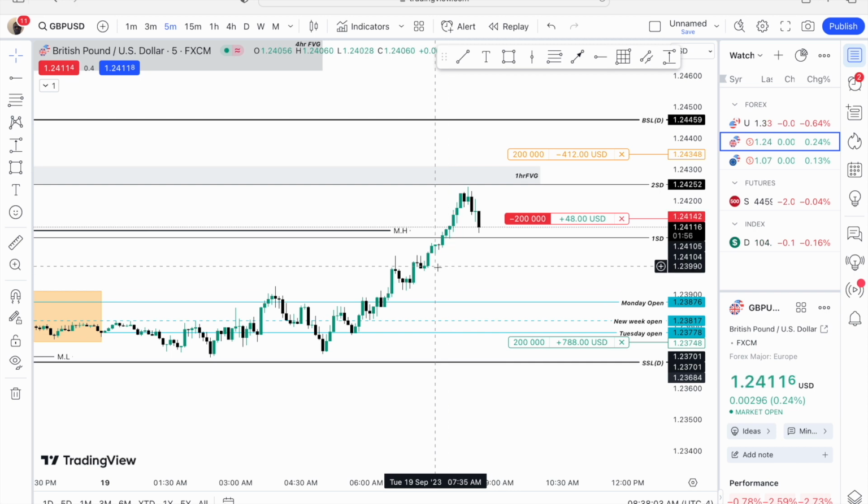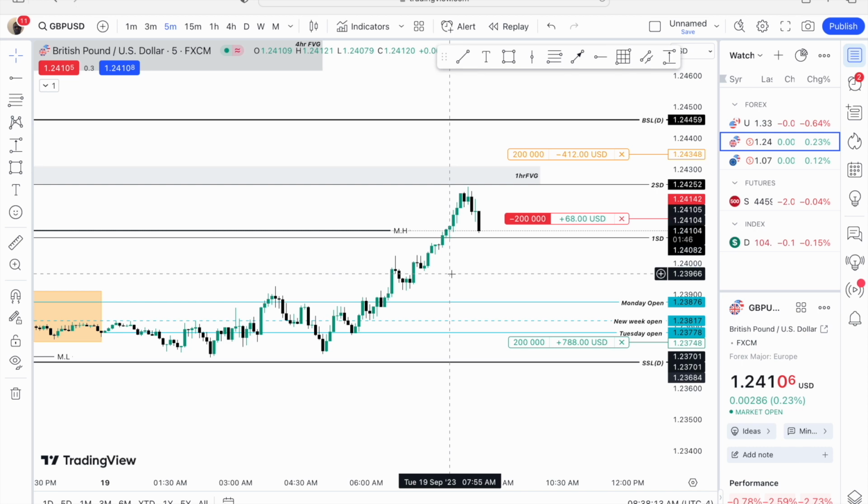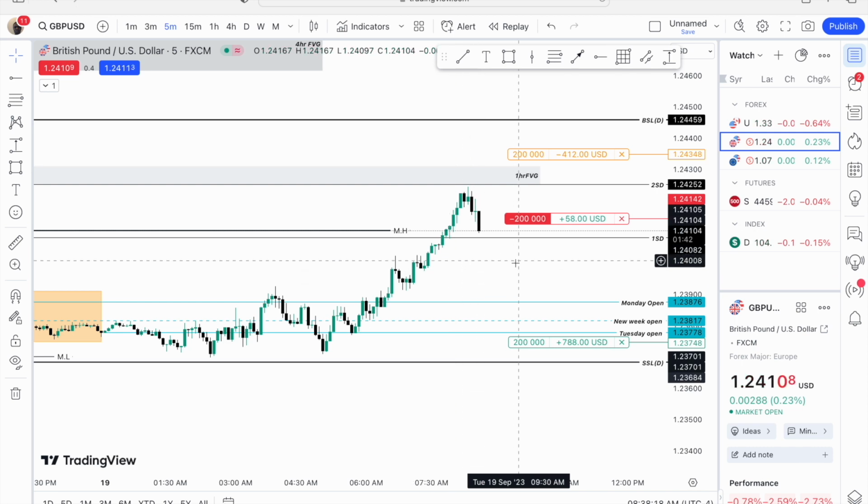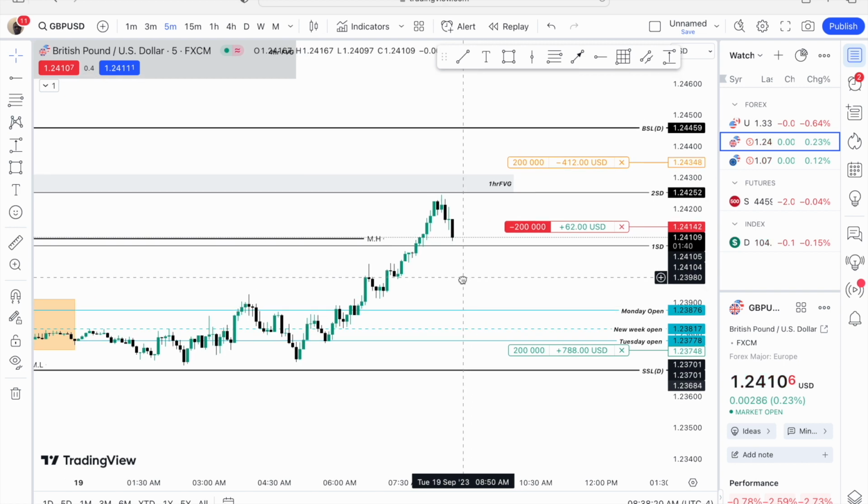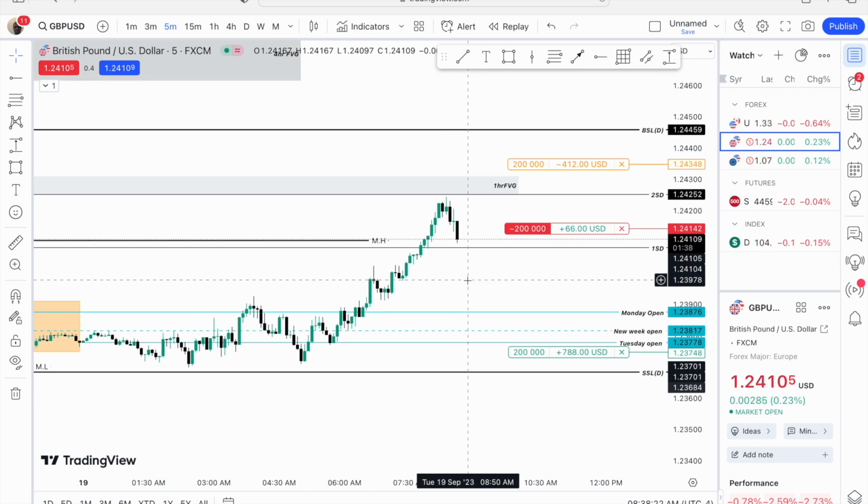My original position I wanted was 0.5, which would have been half of a lot. I wanted to go half a lot on both, which would equate to one lot in trades for the day. Half a lot on EU and half a lot on GU, but I didn't get it.